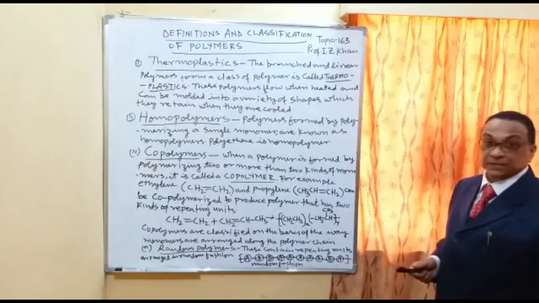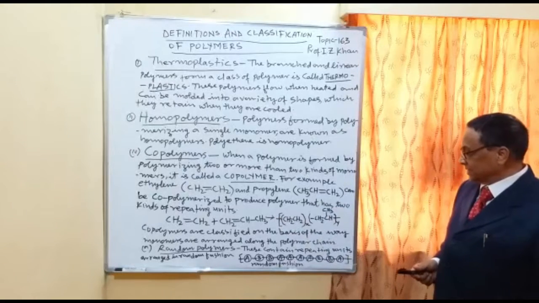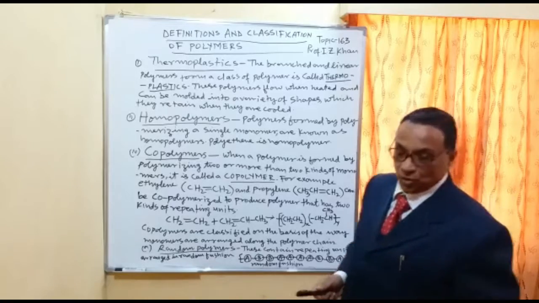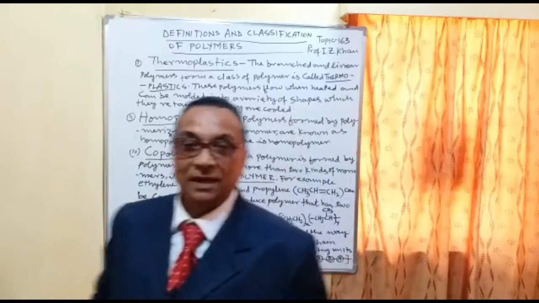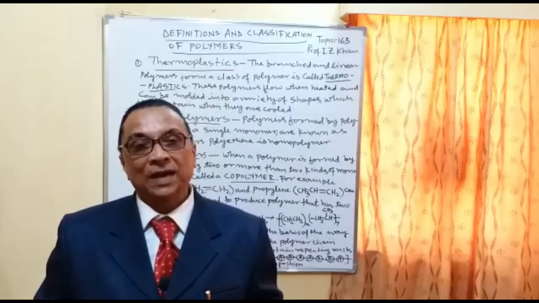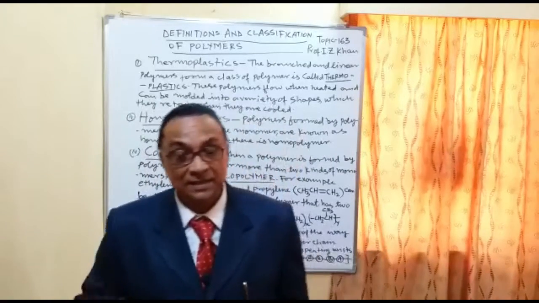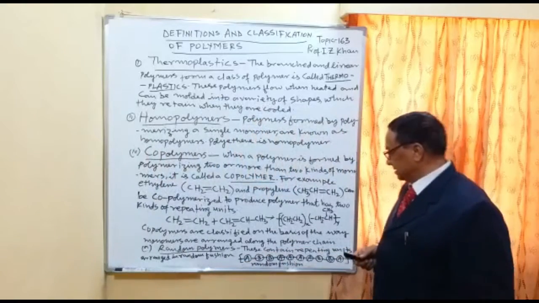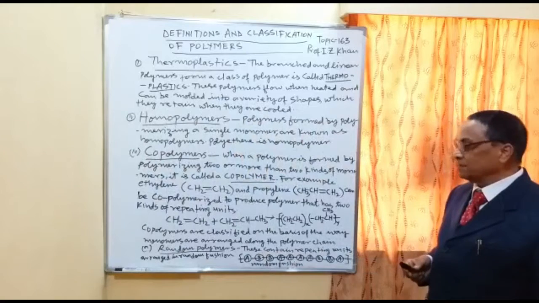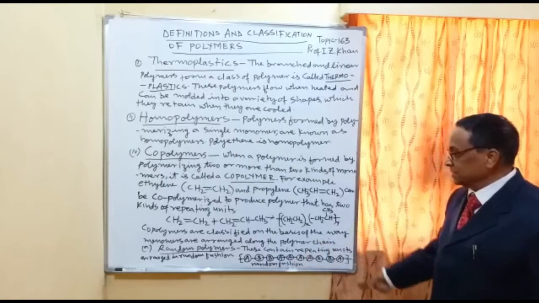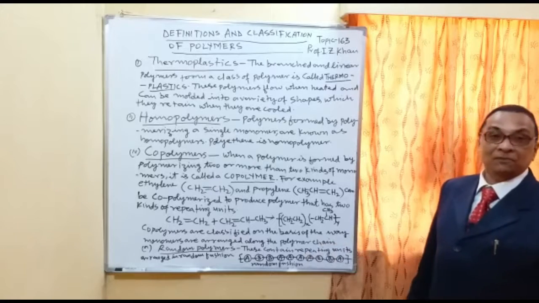Copolymers are again classified on the basis of the way monomers are arranged. So again the copolymers are classified into different groups on the basis of how these different types of monomers are arranged in the form of a long chain. So the first one is random polymers. These contain repeating units arranged in a random fashion.